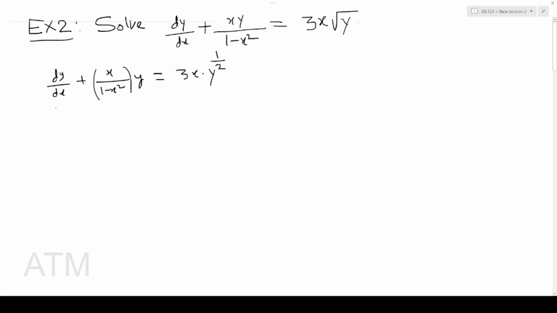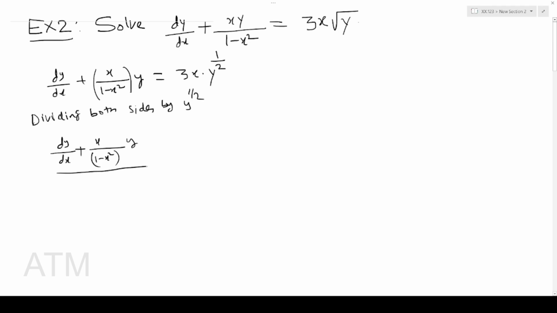So now we have to first convert it into a linear differential equation. For that, dividing both sides by y raised to 1 upon 2. Therefore, we get dy by dx plus x upon 1 minus x square into y divided by y raised to 1 upon 2 equals 3x y raised to 1 upon 2 divided by y raised to 1 upon 2.